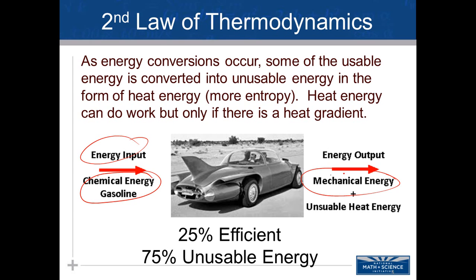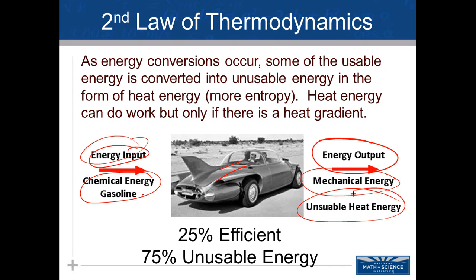Once we get done with our drive and we go outside and put our hand on the hood, we'll notice that there is indeed heat energy being produced. We also know from the first law of thermodynamics that energy cannot be created or destroyed, and so therefore the energy input has to equal the energy output.